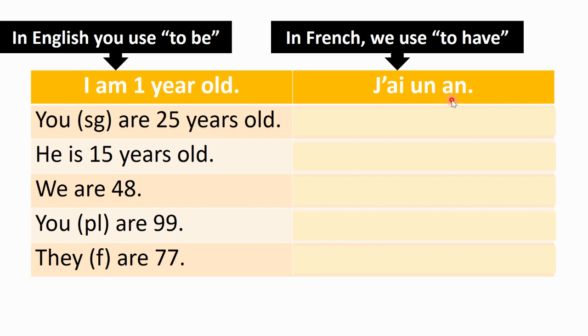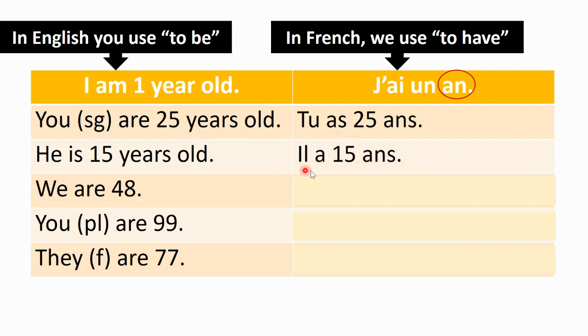J'ai un an. Another thing that is important to remember is that the word ans cannot be dropped. You have to have the word ans in the sentence. You are 25 years old. Tu as 25 ans. He's 15 years old. Il a 15 ans.